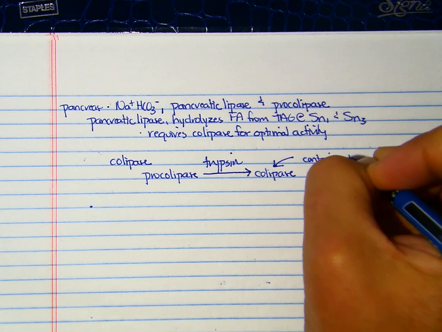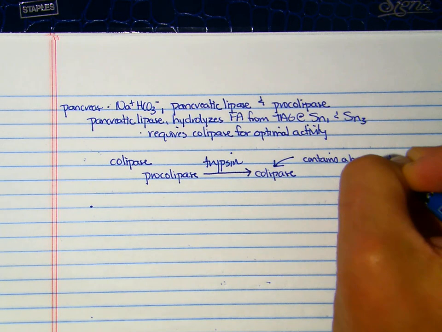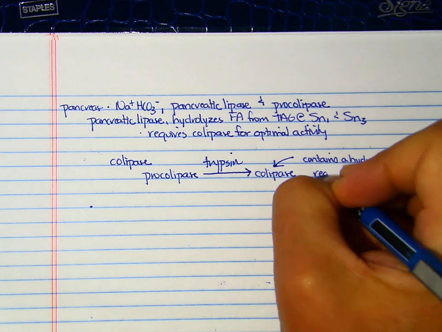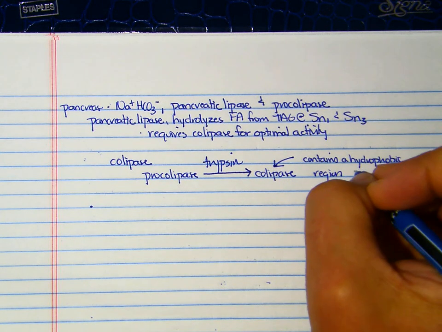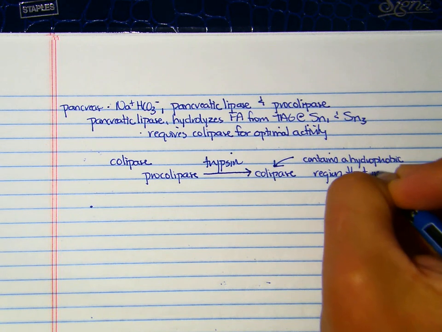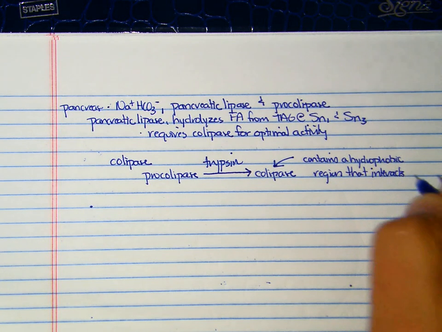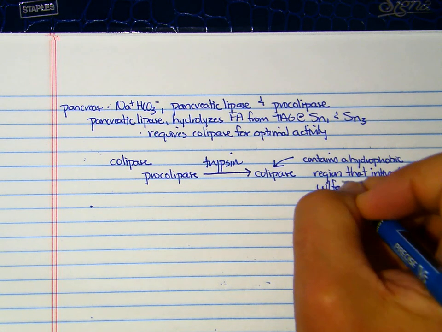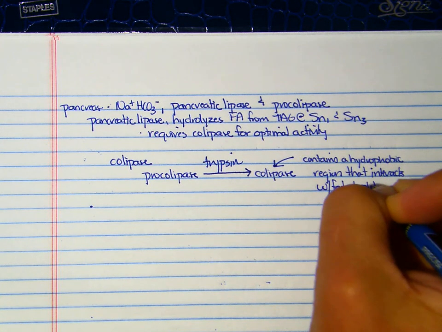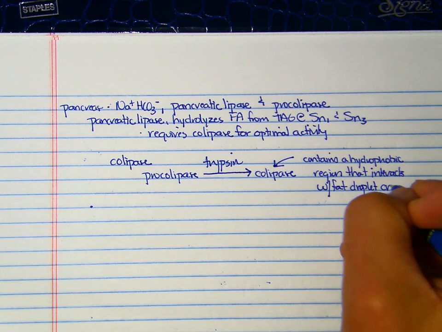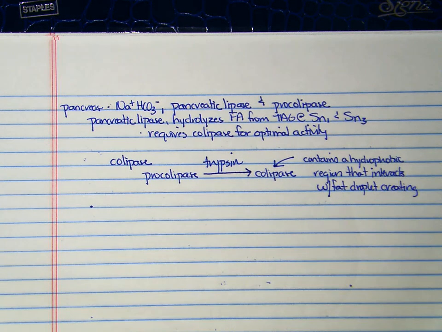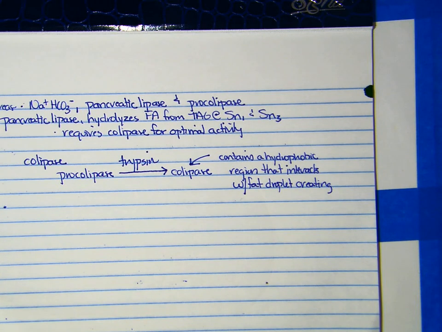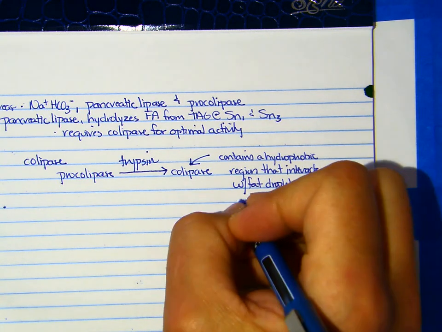Colipase contains a hydrophobic region that interacts with a fat droplet, creating a binding site for pancreatic lipase. It's real blurry, we'll move it over here.